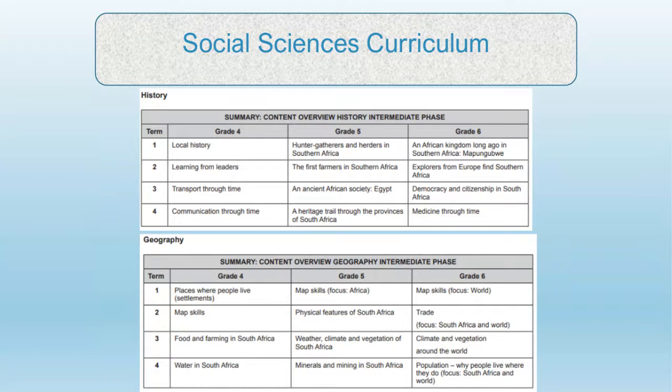This is also a nice topic that you can relate to a cultural issue. Then in geography, they do map skills, physical features of South Africa, weather, climate and vegetation of South Africa, minerals and mining in South Africa. So you see you've got a lot of topics that you can choose from in your different subjects.